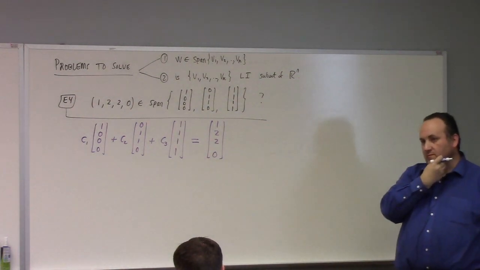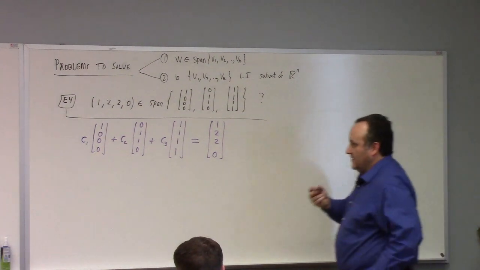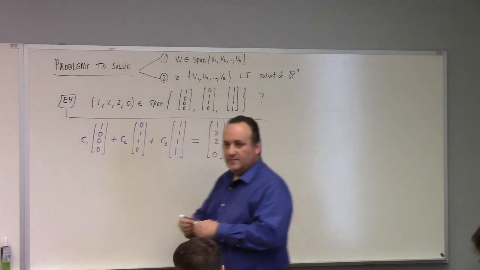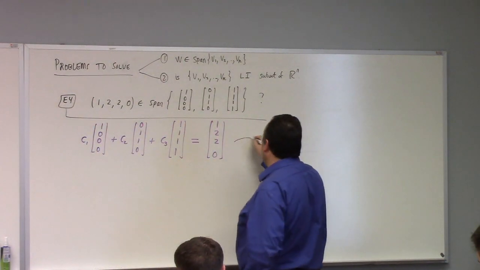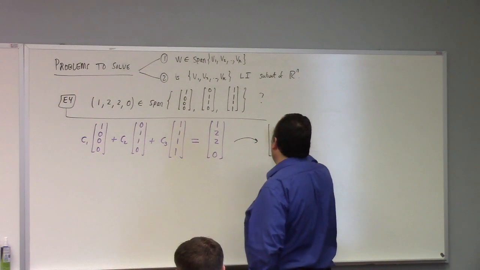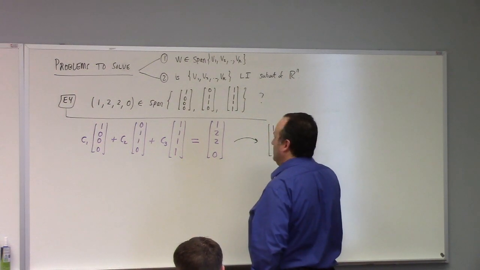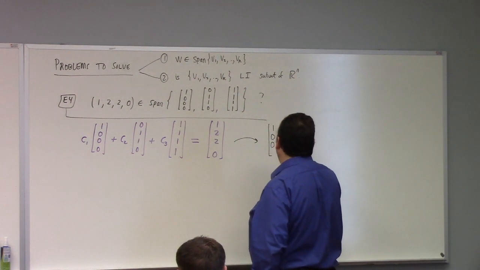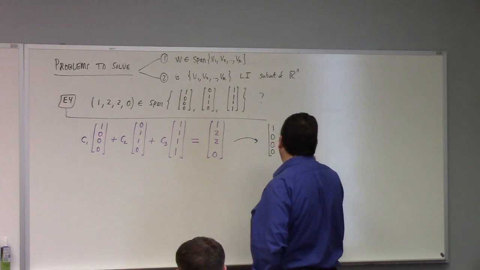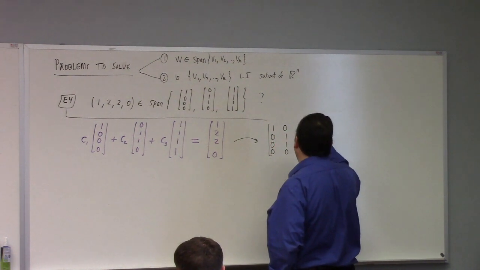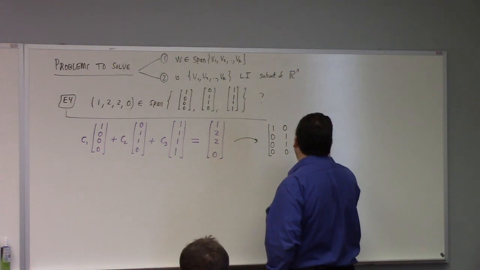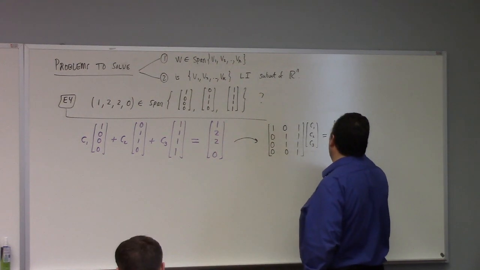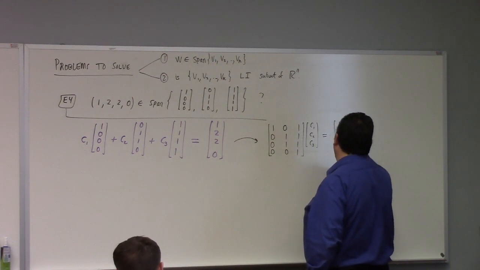All right. Well, let's write it in the notation we are more adept at working with, which is a matrix times a column vector. So this is the same as the matrix with rows (1, 0, 1), (0, 1, 1), (0, 1, 1), (0, 0, 1), times (c1, c2, c3), equals (1, 2, 2, 0).